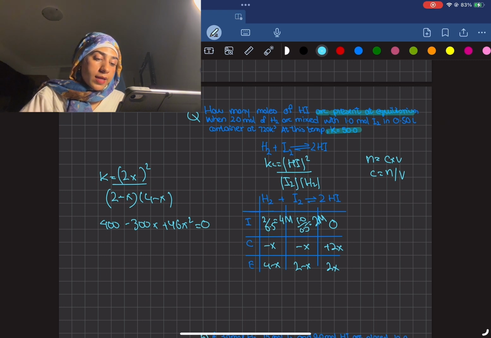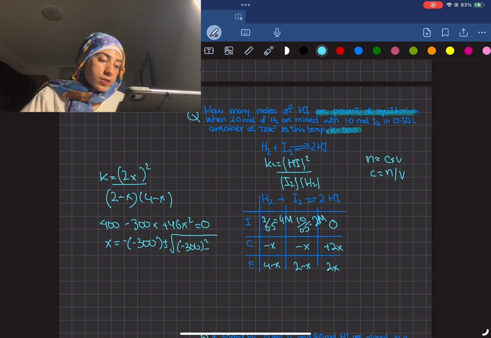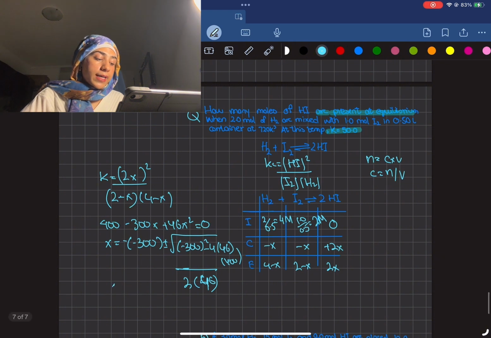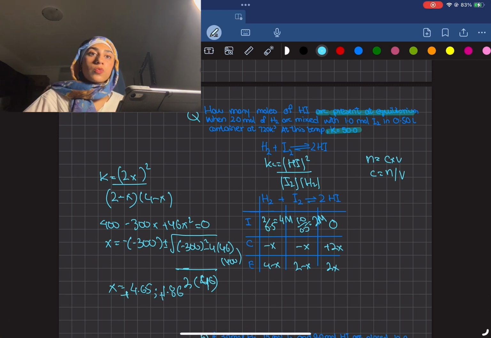So x equals negative 300 plus or minus the square root of negative 300 squared minus 4 times 46 times 400, divided by 2 times 46, 2a. So my x values would be 4.65 and 1.86. Because both of those values are positive, the dilemma here is which one to use.